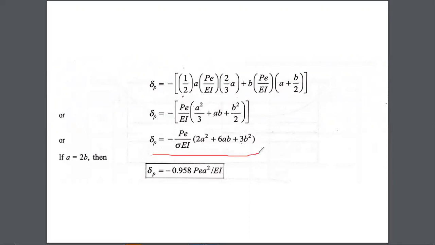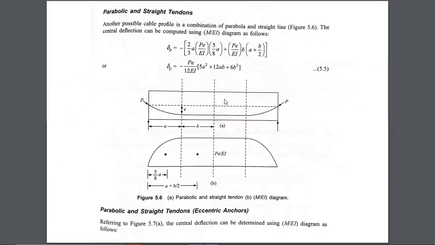Otherwise you can use this one, whichever you like. So minus 0.958 P E A square divided by EI. This is the formula.